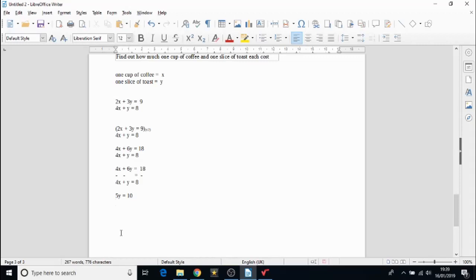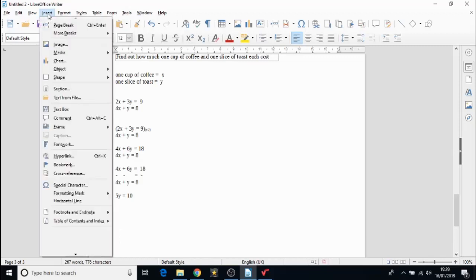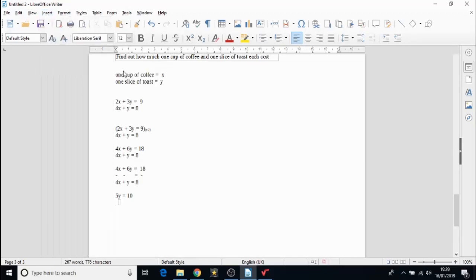We want to find out what y is equal to. So we want to get y on its own. Therefore, we do 5y divided by 5 to get y on its own. But whatever you do to the left-hand side, you must also do to the right-hand side.